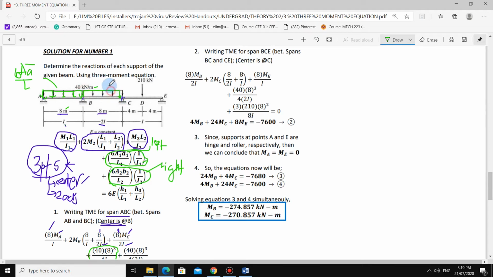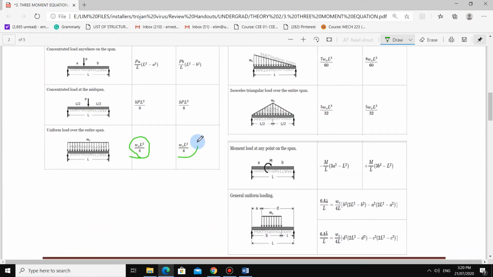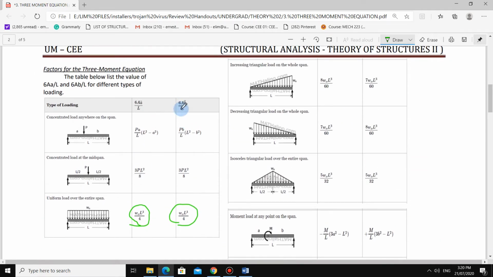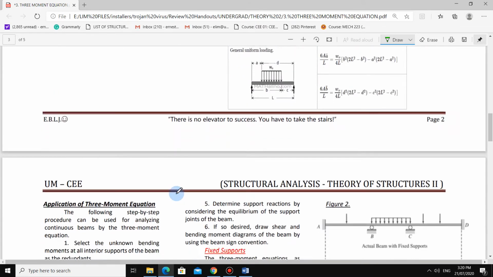Uniform load again. So 6A B bar over L is the same as the other one, W L cube over 4.